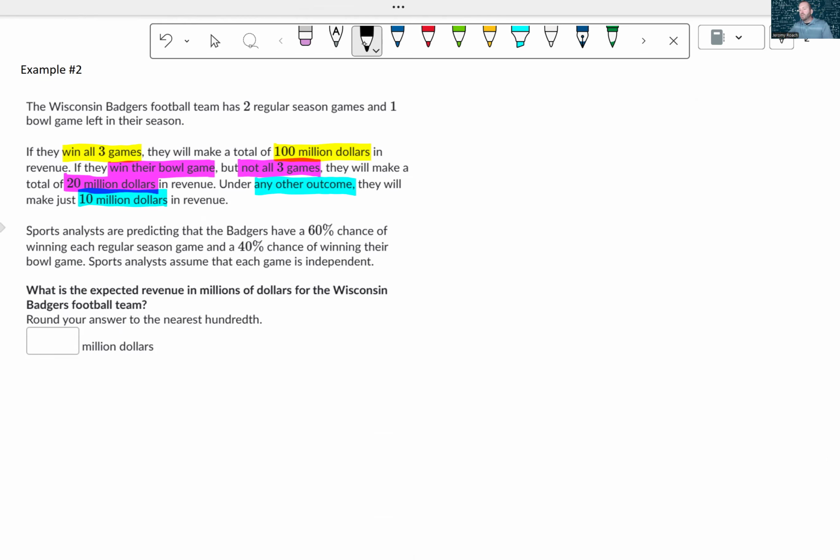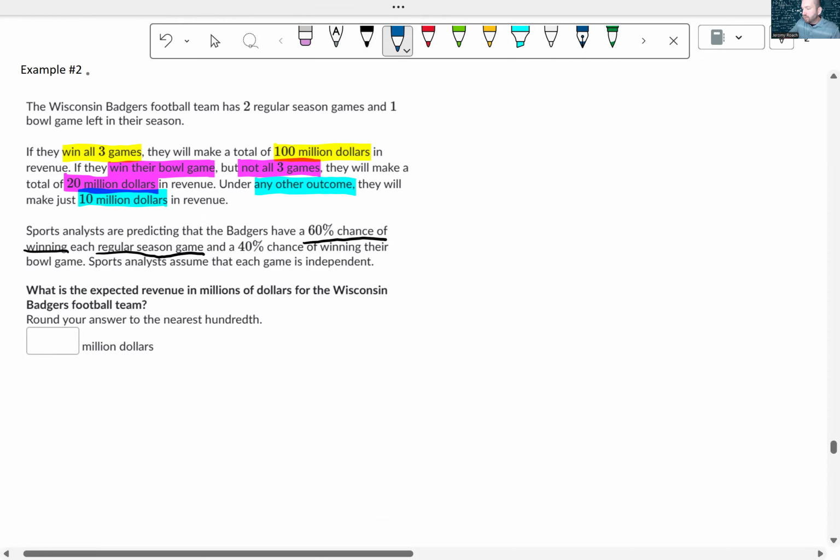We also have some more information about these sports analysts that are predicting that this football team has a 60% chance of winning a regular game and a 40% chance of winning a bowl game.